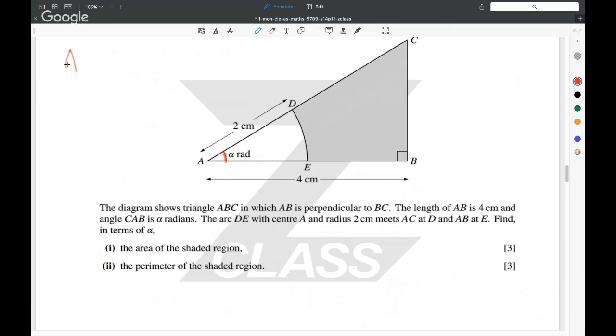So the area of the triangle should be 4 times 4 tan alpha divided by 2.